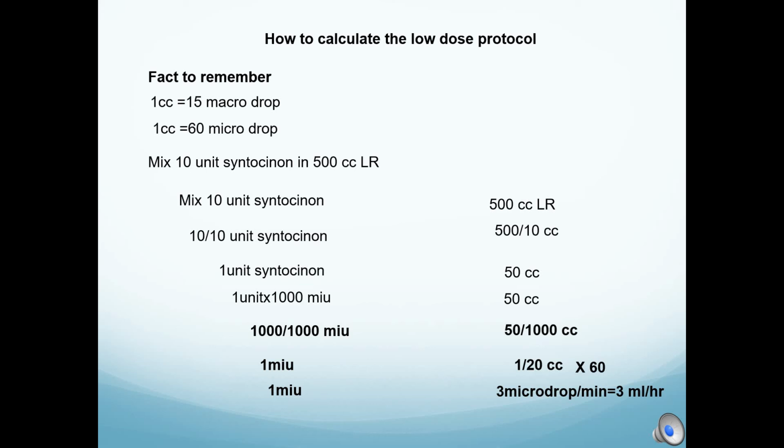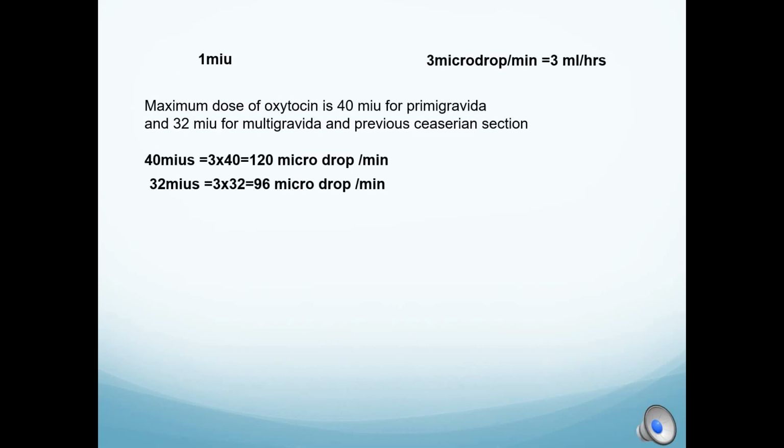If you want to convert it to microdrops, we multiply it by 60. Remember that 1 cc equals 60 microdrops per minute. So 1 milli international unit equals 3 microdrops per minute, which is equal to 3 ml per hour.